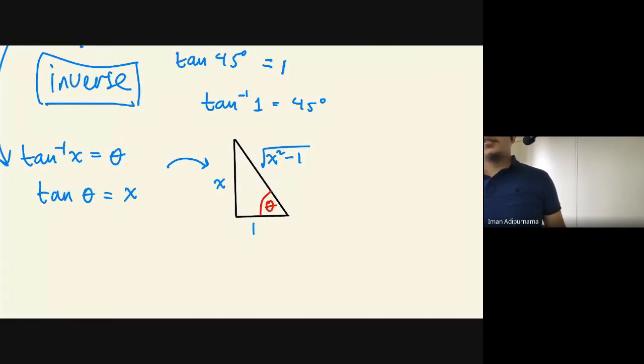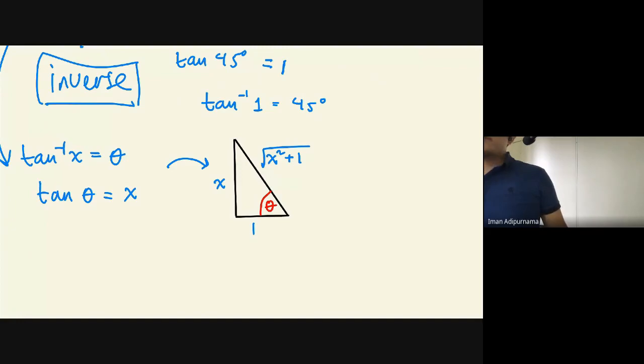Usually, I always forget how to derive the tangent inverse, or sine inverse, or cosine inverse, how to derive all of those. It's okay to memorize all the formulas, that's good.